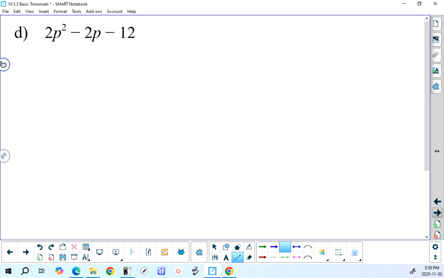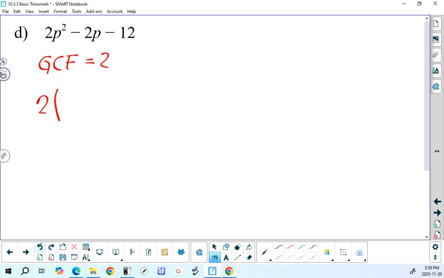All right, let's take a look at D. Well, we can't do D because the coefficient of the first term is not 1. But I notice that there is a greatest common factor of 2 in all 3 of these terms. So I can factor the 2 out and be left with p squared minus p minus 12.